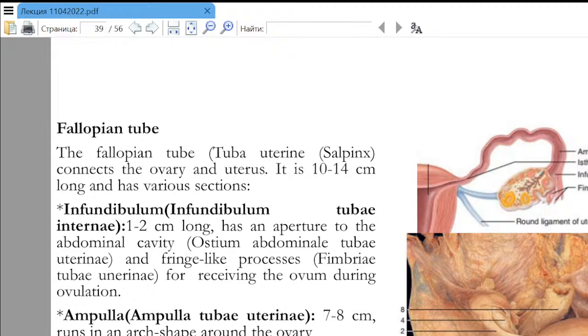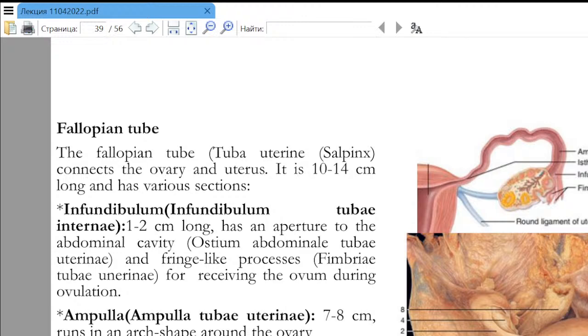The infundibulum tubae uterinae, 1-2 centimeters long, has an aperture to the abdominal cavity, the ostium abdominale tubae uterinae, and finger-like processes, fimbriae tubae uterinae, to receive the ovum during ovulation.